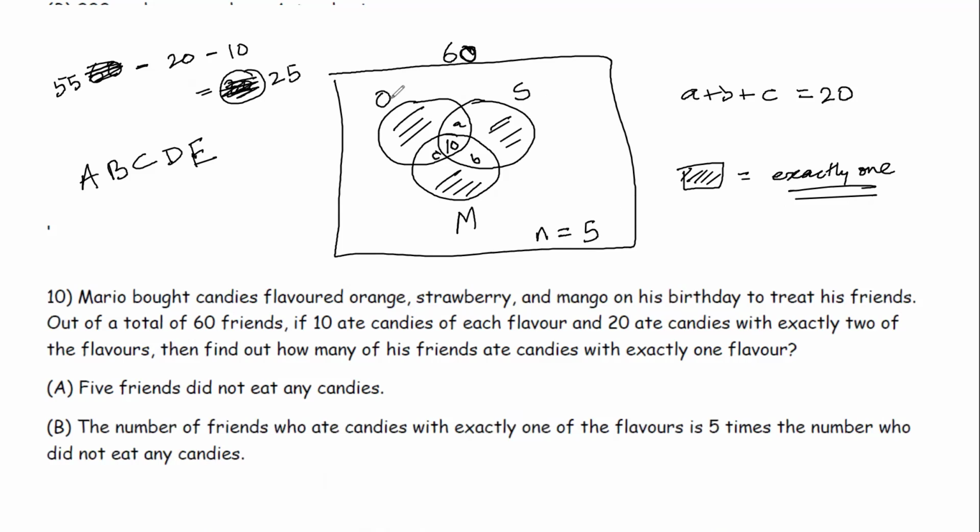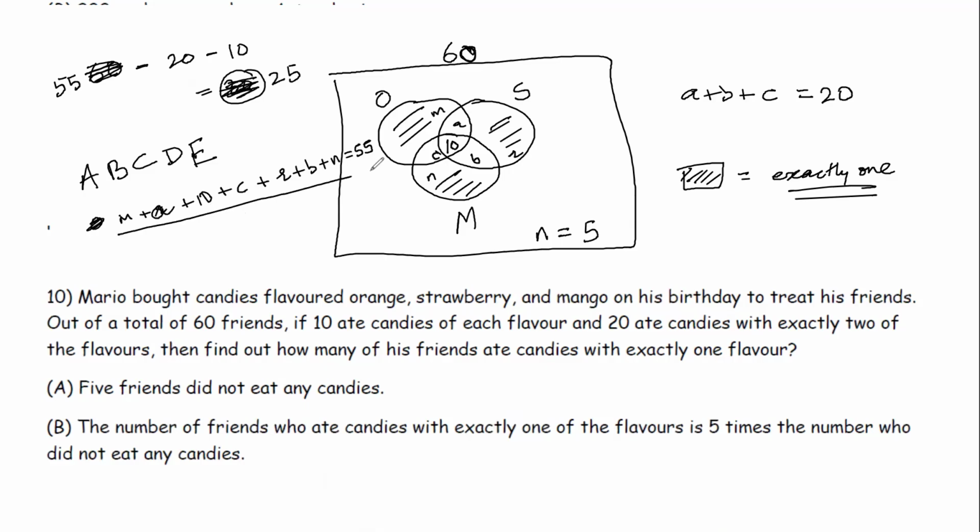If you want, you can call this O plus S plus M, but I don't want to confuse you, so I'll just take it as M, R, and N. So first we take the orange part: M plus A plus 10 plus C plus R plus B plus N. This whole thing is 55.